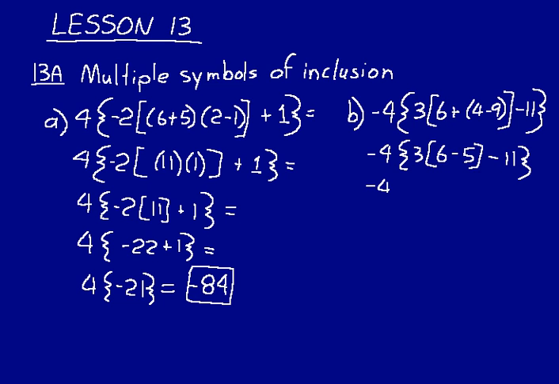Okay, so then we can work on the 6 minus 5, so we'd have 3 times 1 minus 11. And so now we have negative 4. And now we can do 3 times 1 in our head. That's 3 minus 11 is negative 8. And we have one more operation to go. A multiplication of negative 4 times negative 8 would be a positive 32.